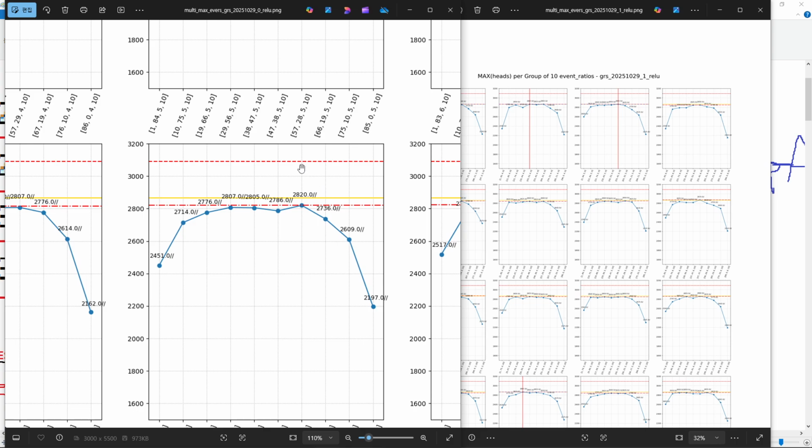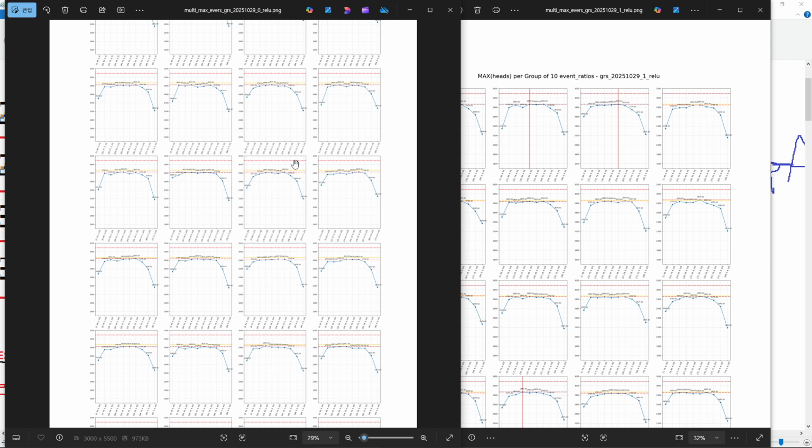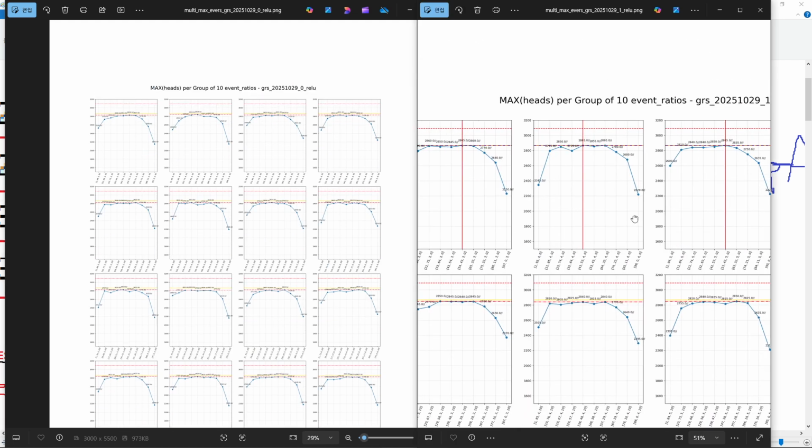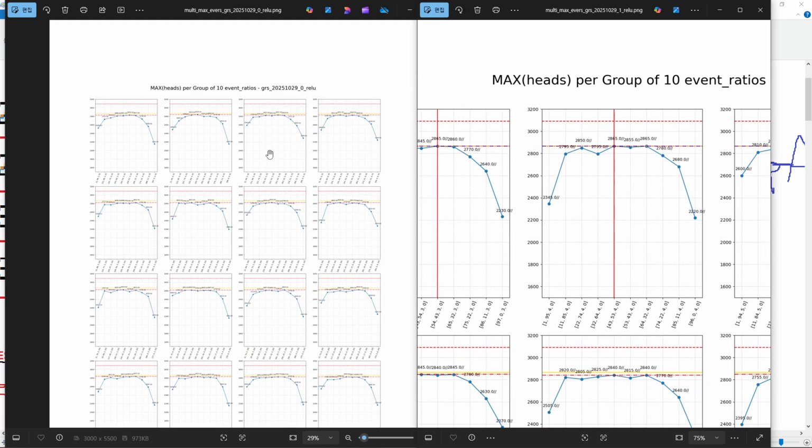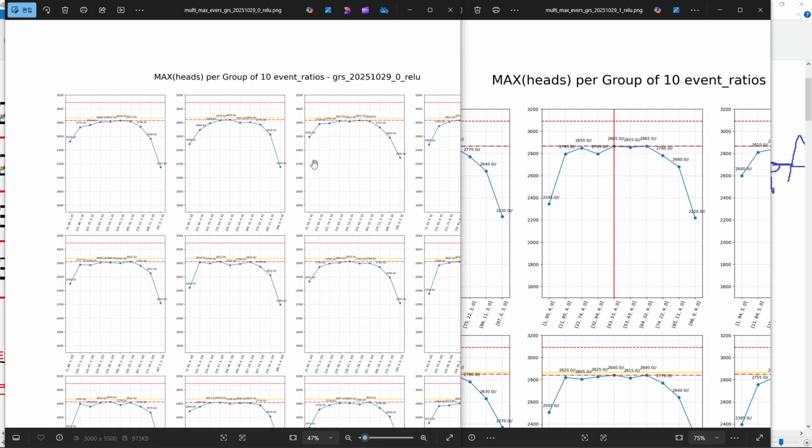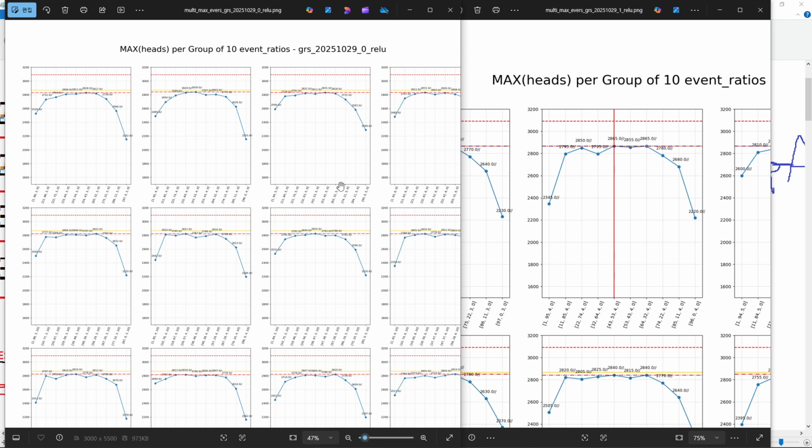However, the absence of the red vertical line in this plot on the left does not mean, and did not mean, that no true ceilings were achieved.